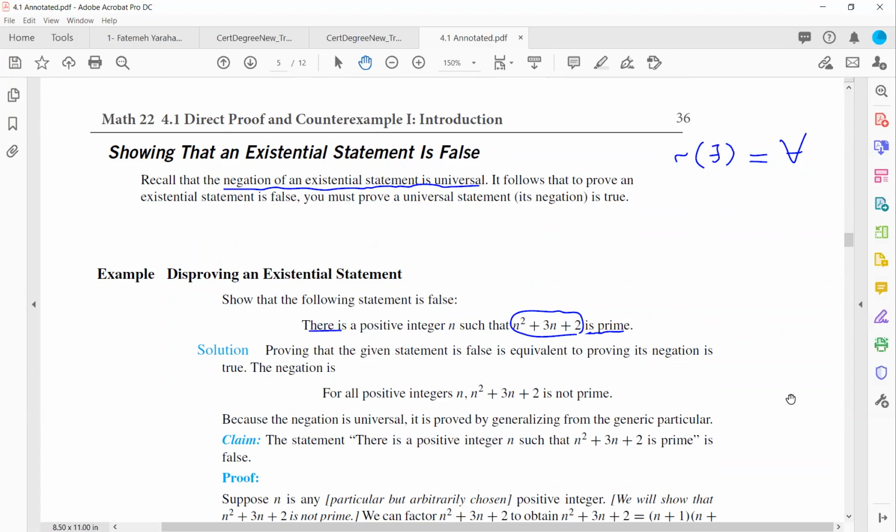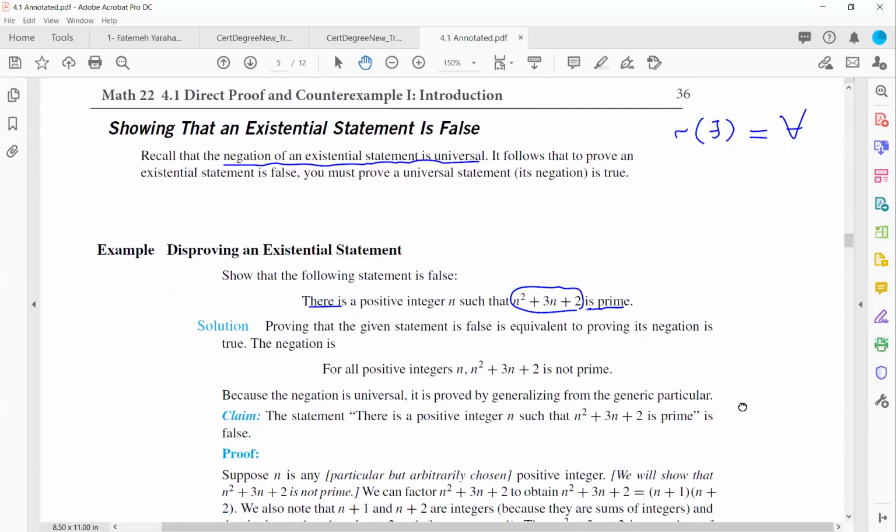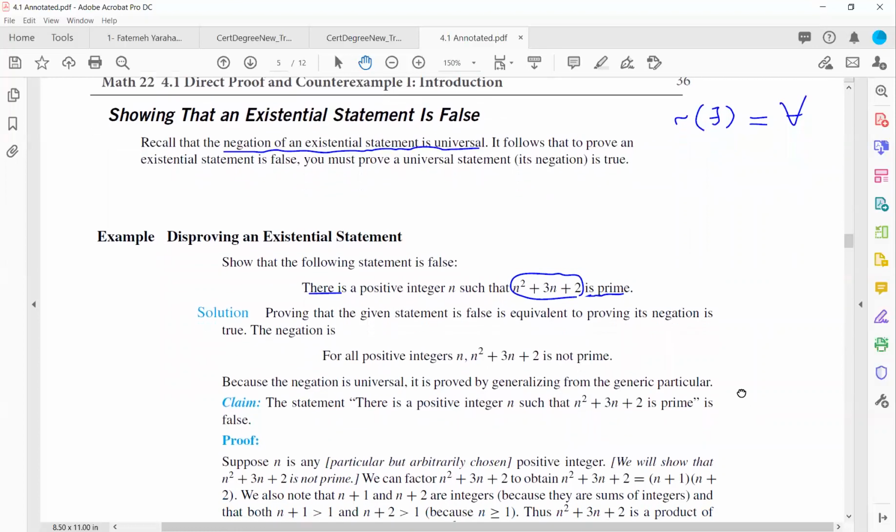To prove this statement to be false is equivalent to showing that for all positive integers n, n squared plus 3n plus 2 is not prime. Remember the definition of being composite.